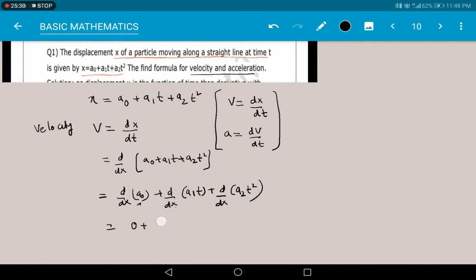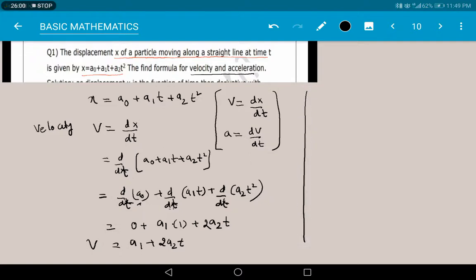So velocity dx by dt, with respect to t function, so a1, dt by dt is 1. Next a2 t square gives 2a2 t. So what is the velocity function? a1 plus 2a2t is the velocity function.